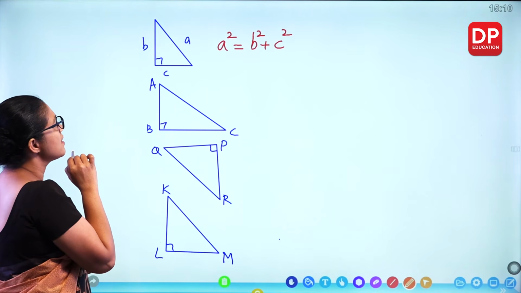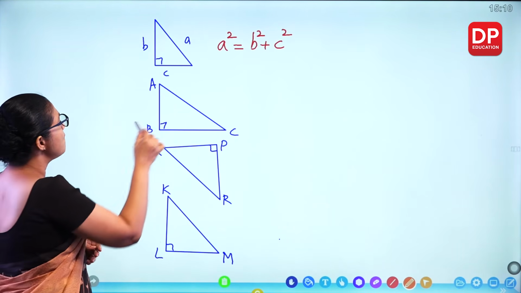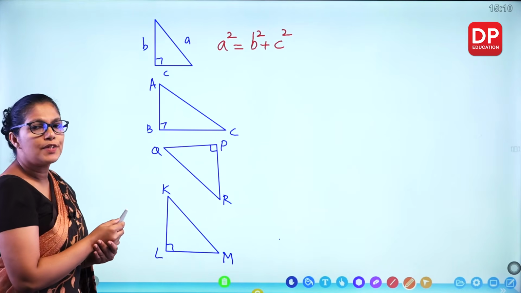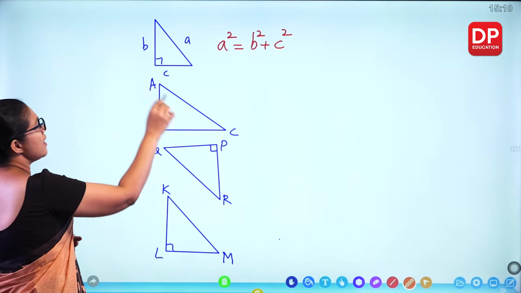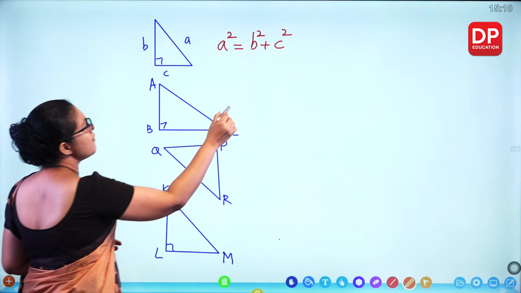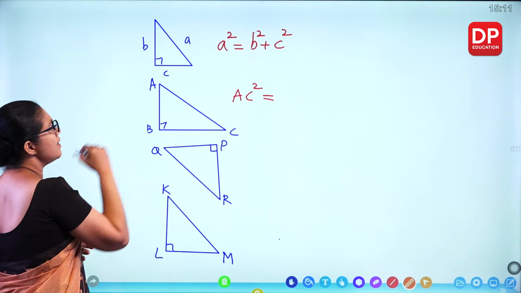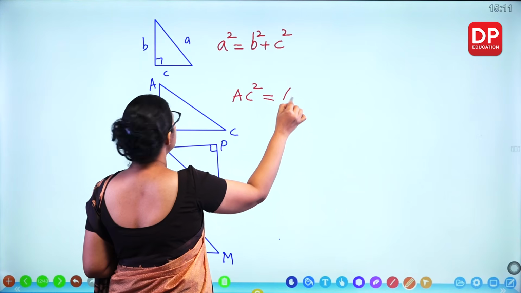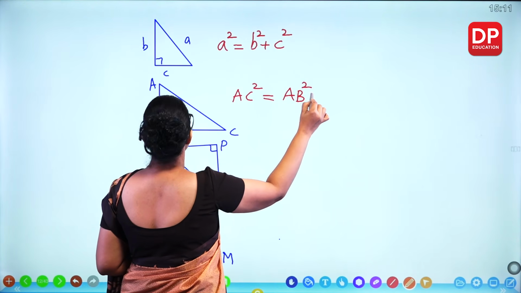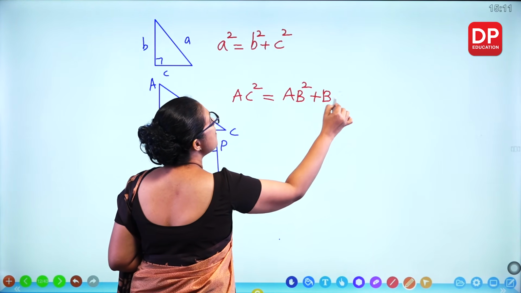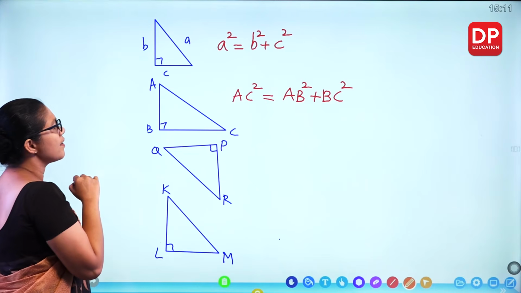A squared equals B squared plus C squared. When you take this triangle, how can we write down the relationship? We can write AC squared is the hypotenuse squared. What are the other two sides? AB squared plus BC squared.